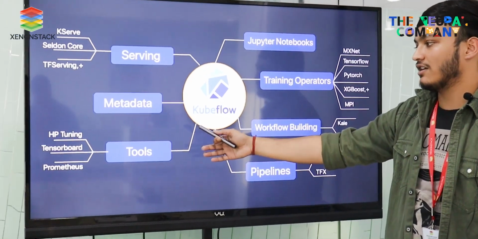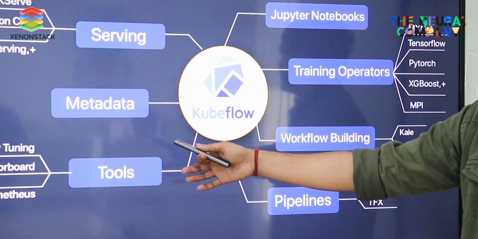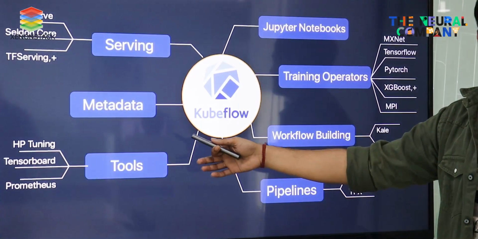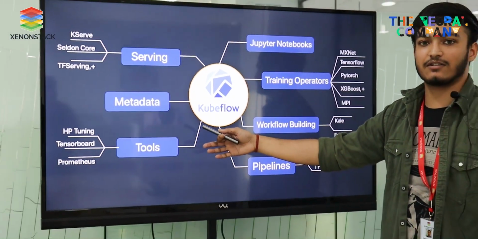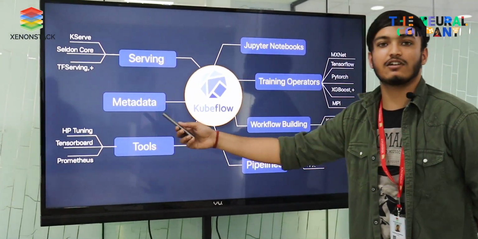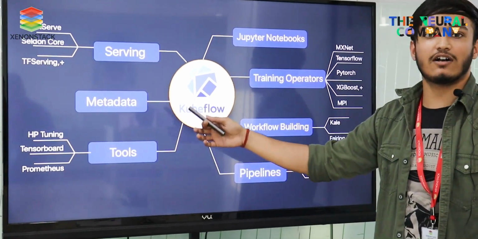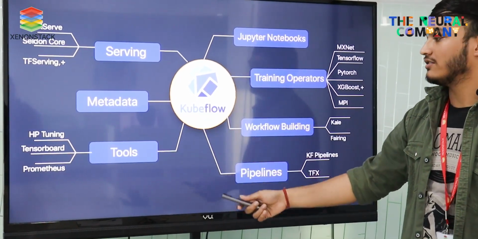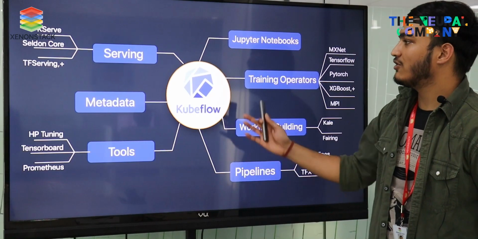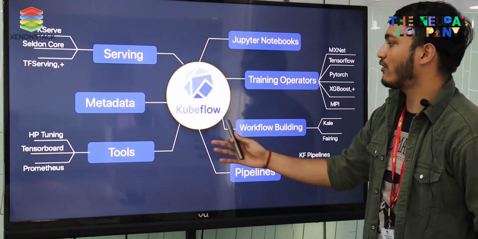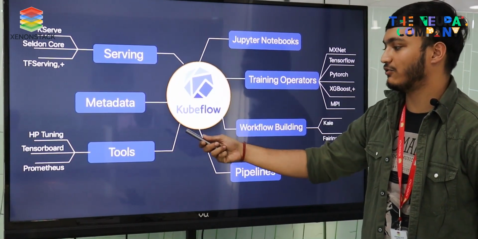HP tuning is hyperparameter tuning, which lets us tune and train our models day by day. TensorBoard is the dashboard that visualizes the data models, and Prometheus is the data collecting tool for our ML model. So this is the whole architecture and workflow of our Kubeflow tool.